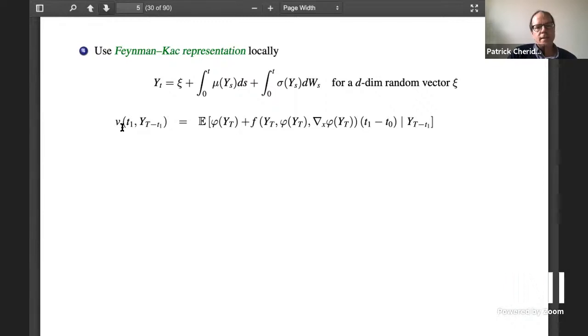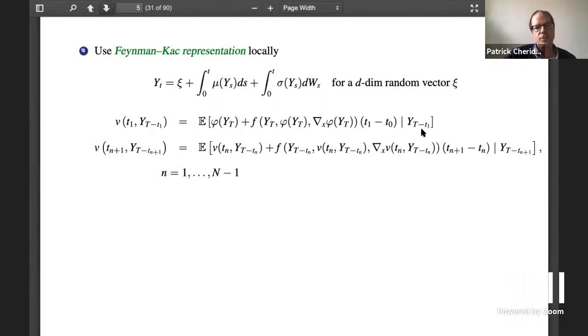Then we calculate v at the first time increment t1 as a conditional expectation of the value the process takes at time capital T minus t1, given the state of the process Y at this time. This is the first little time increment, and then we do iteratively the same for the other time increments. So this theoretically solves the locally linearized equation.